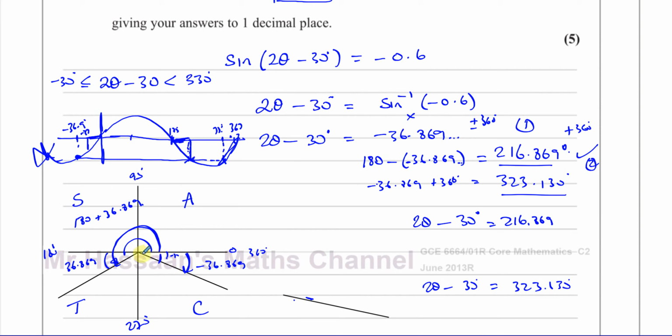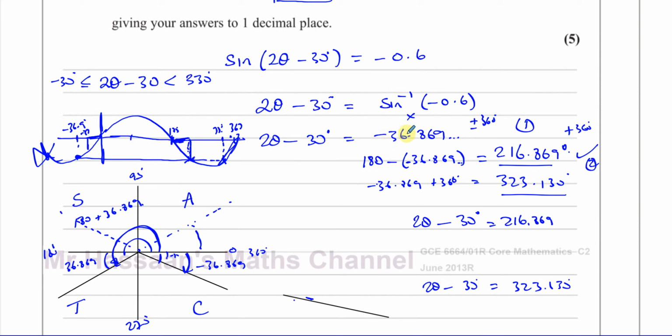If this was an angle which was positive like this, then the other angle would be over here, because the positive ratio will give us a positive angle for sine. It would be 180 minus the angle. What I'm saying with my symmetry diagram, for the sine curve, is you get the main angle using inverse sine.